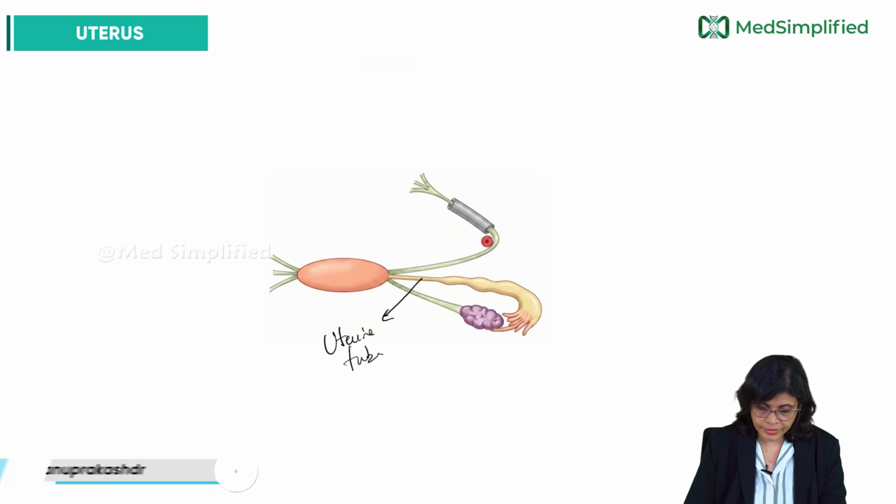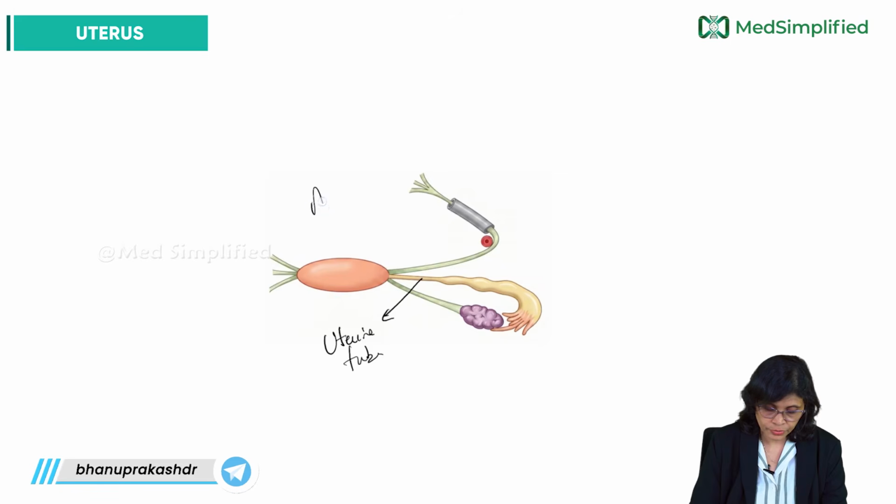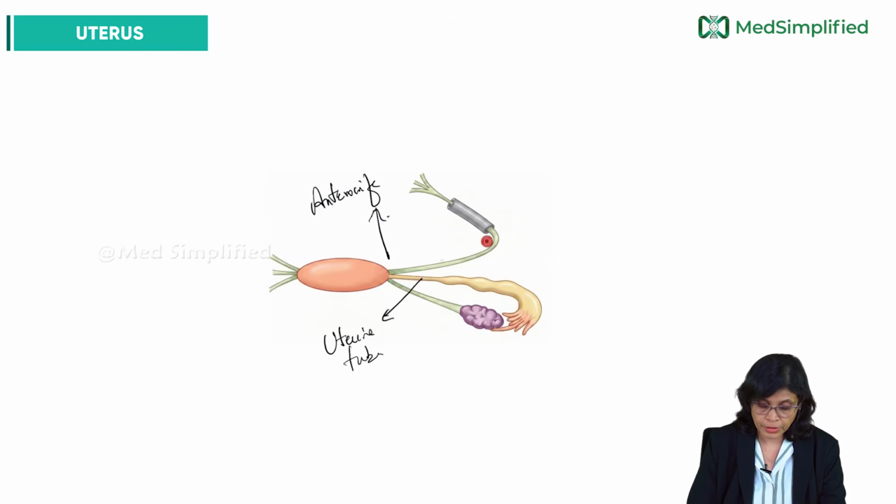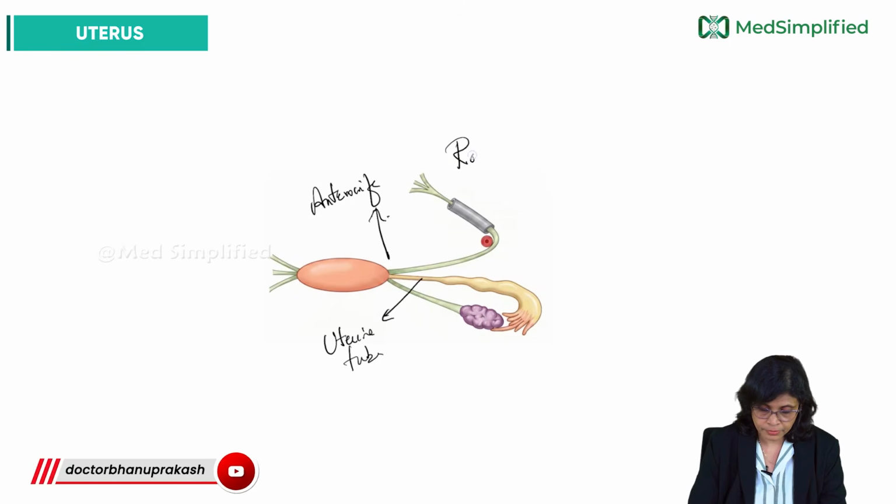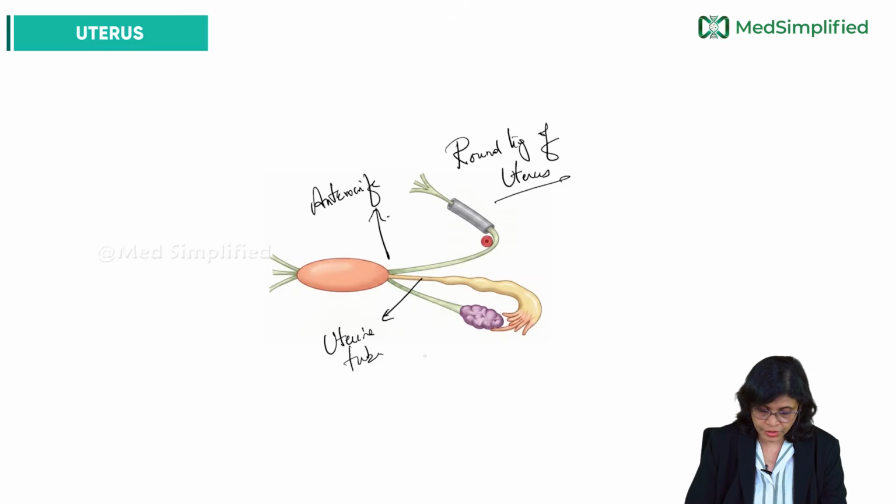Anterior and inferior to the tube, we will see the round ligament of uterus, and posterior and inferior to the tube, we will see the ligament of ovary.